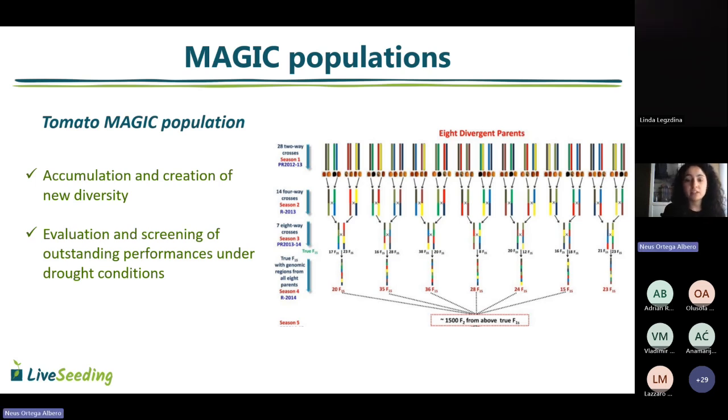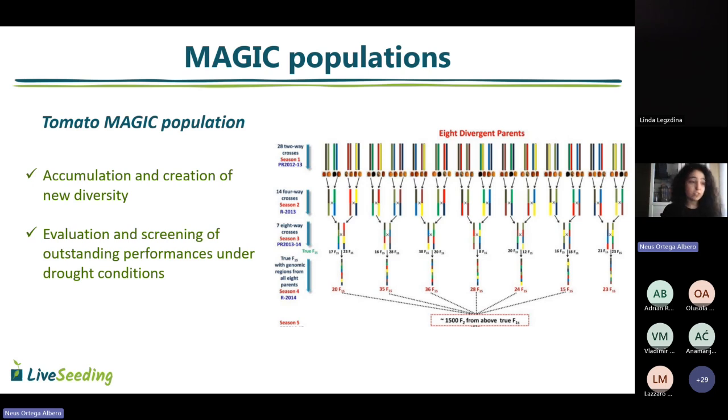For example, this magic population has been tested under drought conditions, which would lead to the selection of better lines for commercializing and cultivation in arid regions.